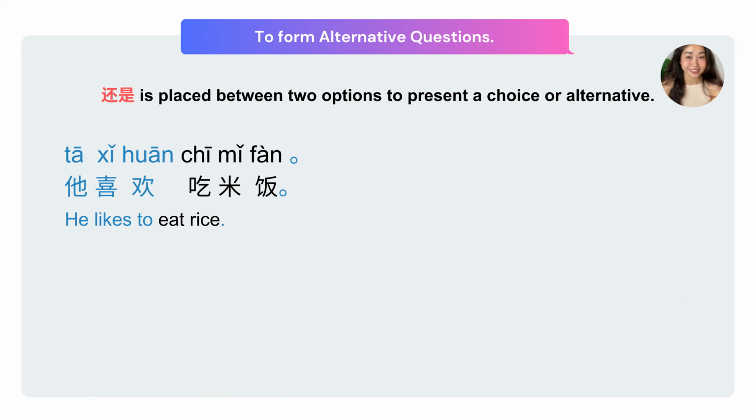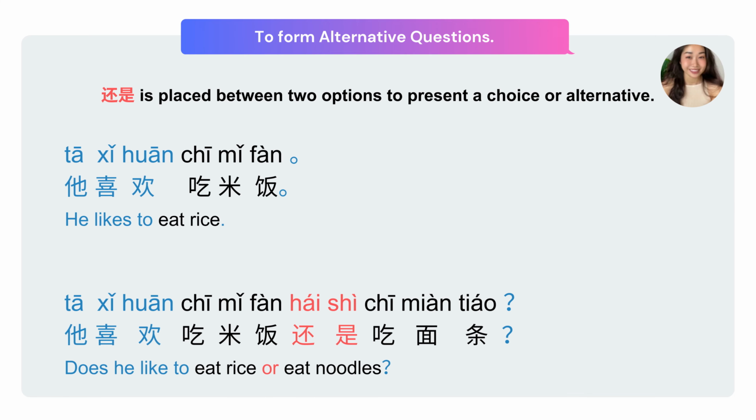And here we have another example. 他喜欢吃米饭. He likes to eat rice. So to eat rice, that is option 1. And we want to turn it into an alternative question. So we are going to put one more option after 吃米饭. So the other option is eat noodles.